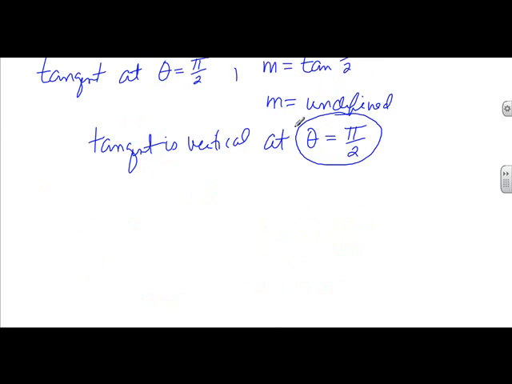Now, other things that you may need to think about. Remember that tangents are vertical when the denominator of our slope is equal to 0.